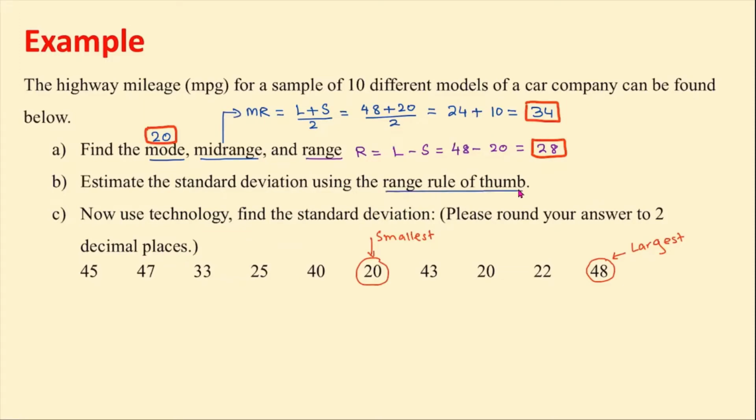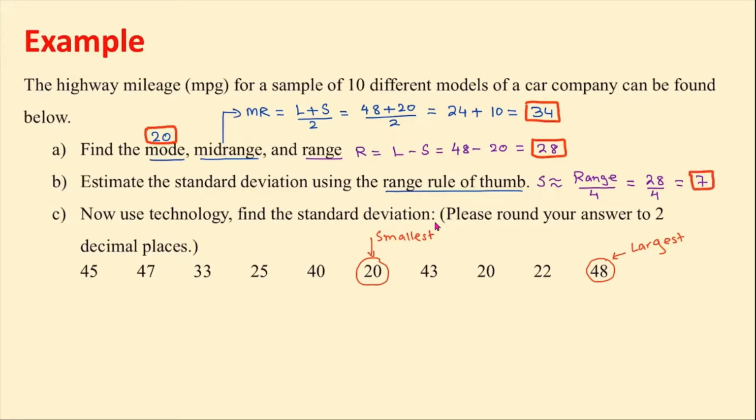Range rule of thumb says standard deviation S is approximately equal to range divided by 4. So here from part A, we got range equal to 28 and we are dividing that by 4. So that is approximately 7. So according to the range rule of thumb, the standard deviation is 7.